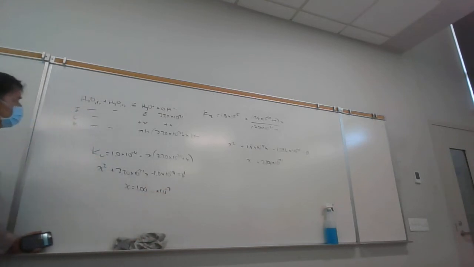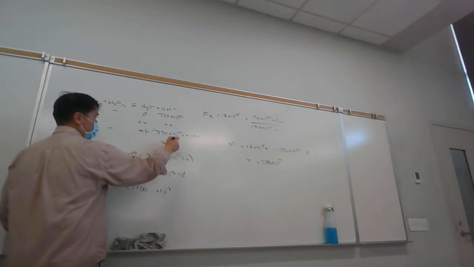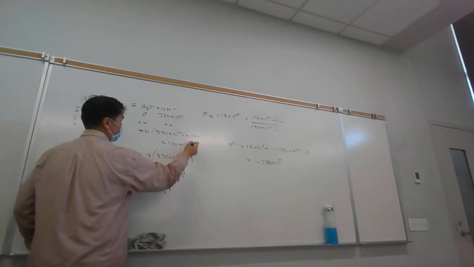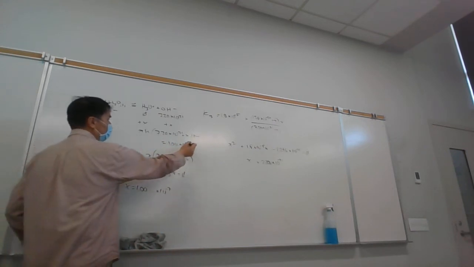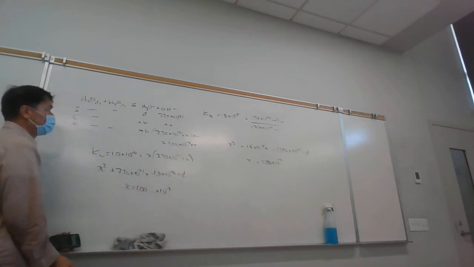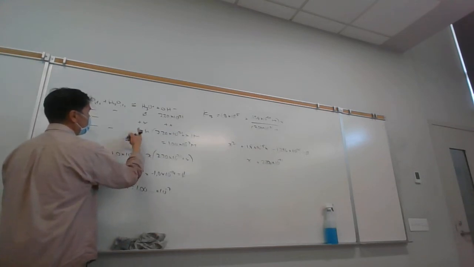Right, 1.00 times 10 to the negative 7, which means that this is going to be this plus x, which is going to give us 1.00 times 10 to the negative 7. Well, if that's the hydroxide, what is the hydronium?